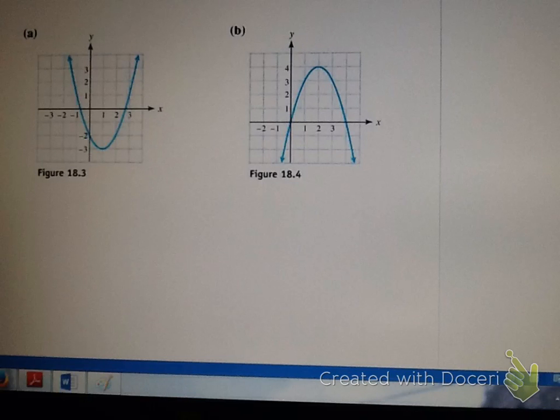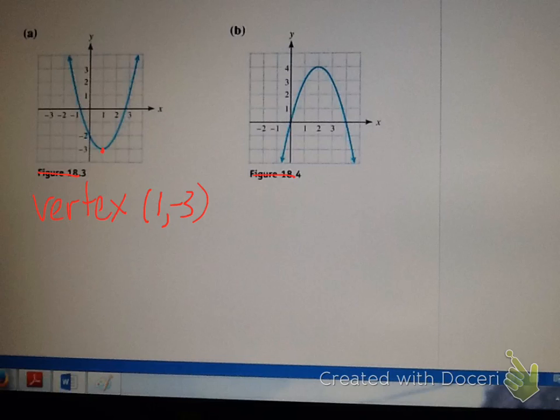Just to make sure you remember what you learned in the last section. I don't remember how they use these figures in the book, but if I asked you to tell me the vertex of this first figure, you should be able to give me the ordered pair 1, -3, because the vertex is right there.